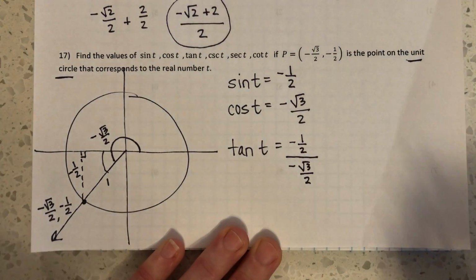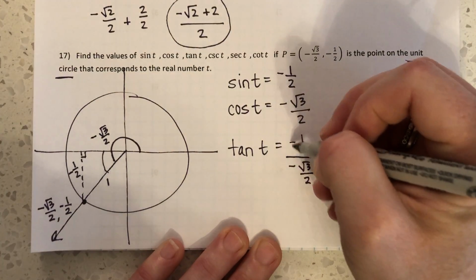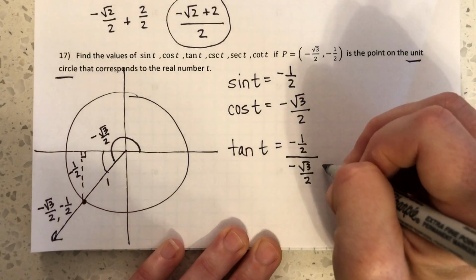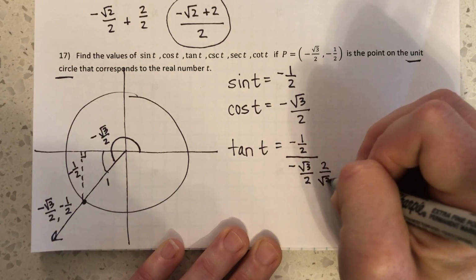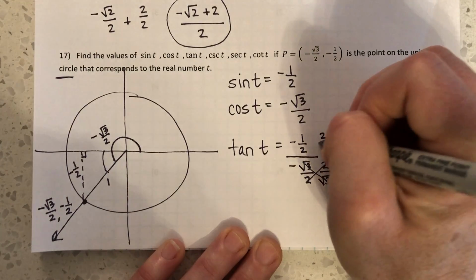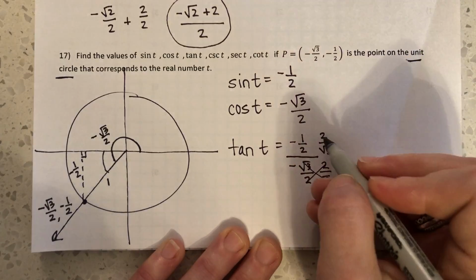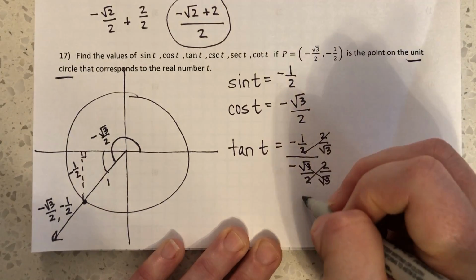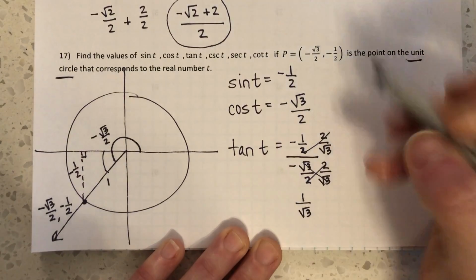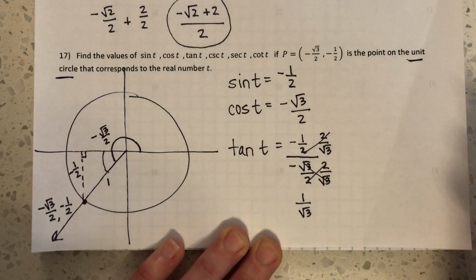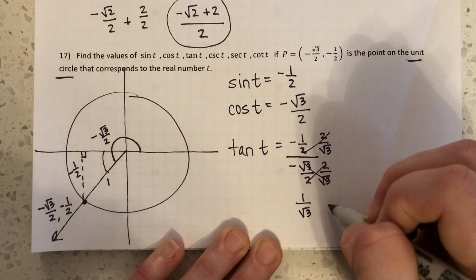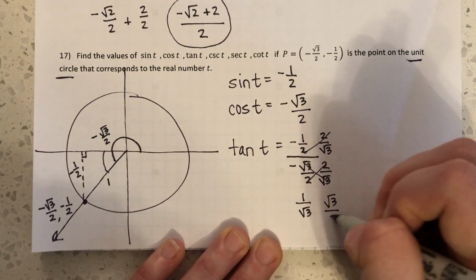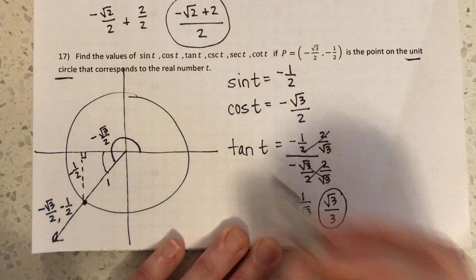And then obviously we have to clean that up. A negative over a negative is positive, and then I'll times by the reciprocal to get rid of the fractions. All right, and then my 2's cancel, and I'm left with 1 over root 3, and again, it's positive because it's negative over a negative. And then I clean that up, and it's root 3 over 3.